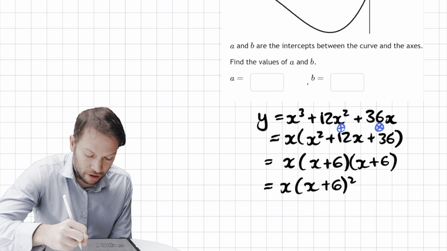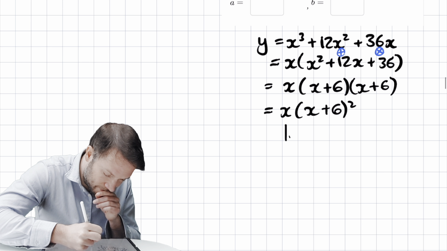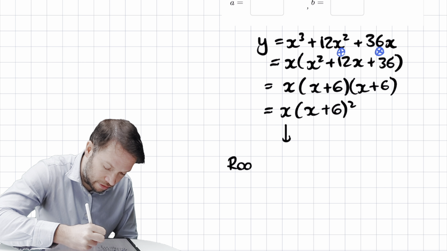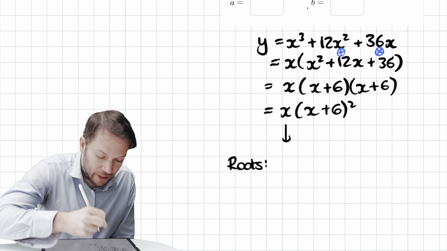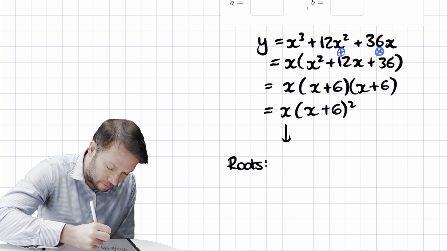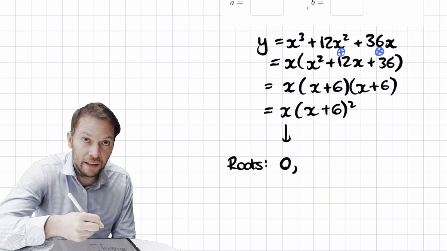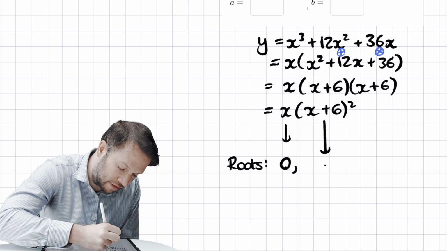Now, let's look at the roots. If y was 0 to get the roots, the x-intercepts, then either x is 0, or x plus 6 is 0, in which case we get minus 6.